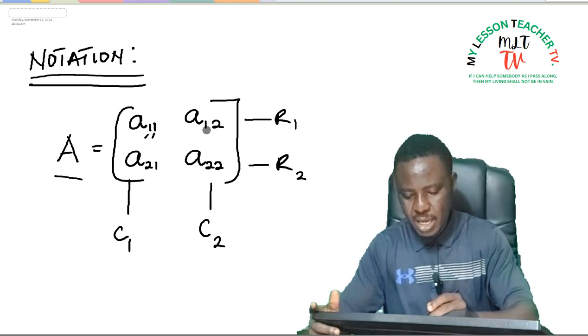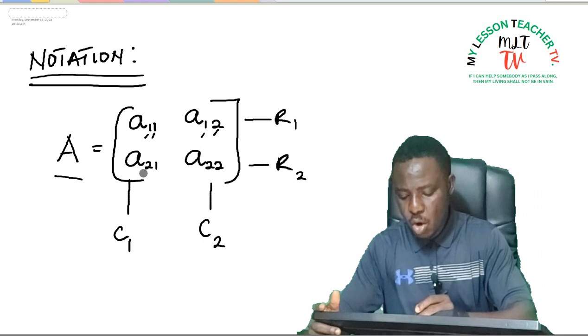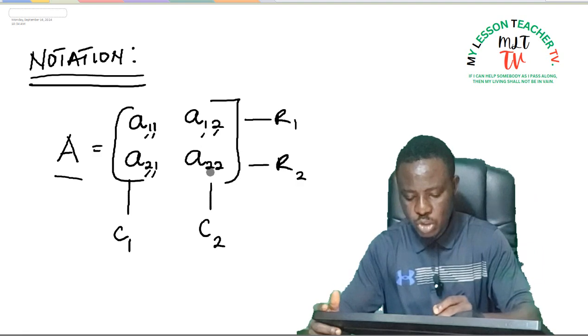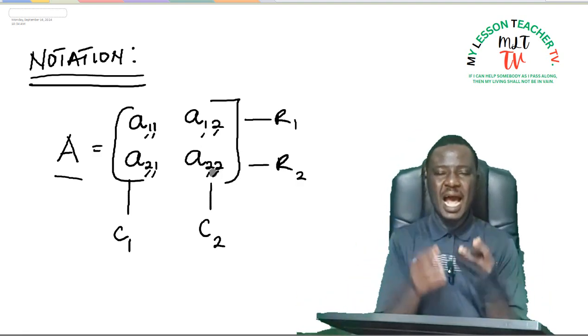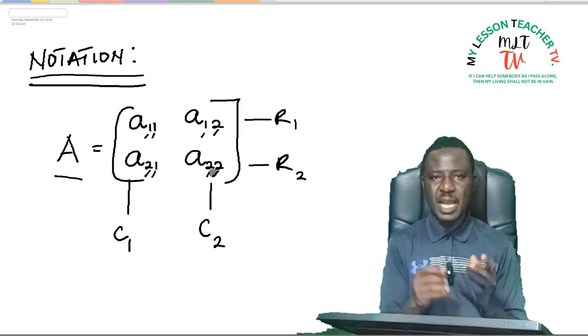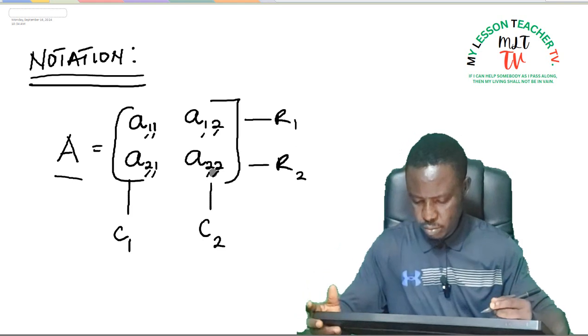This is a12, representing row 1, column 2, while this is occupying position row 2, column 1, and this is a22, which is row 2, column 2. So these are how elements of a matrix can be represented using notation.